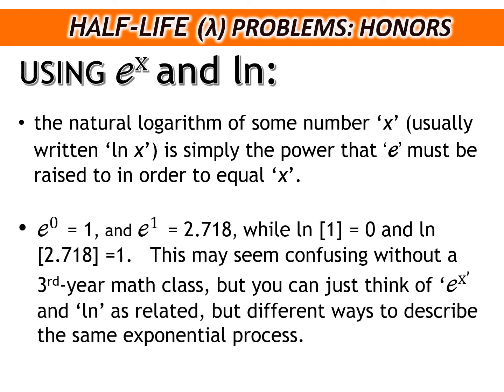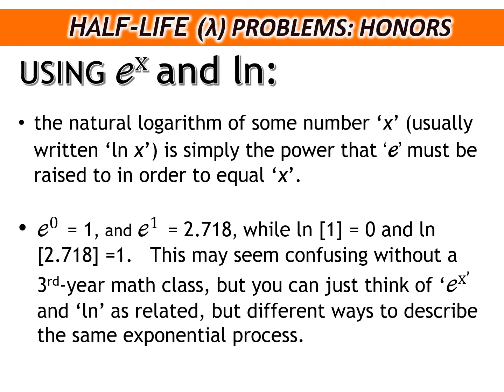Here we have e to the 0, and e to the 0 is equal to 1, which is no surprise because any number raised to the 0 power is 1. And e to the 1 is approximately 2.718. While the natural log of 1 is 0, and the natural log of 2.718 is 1.